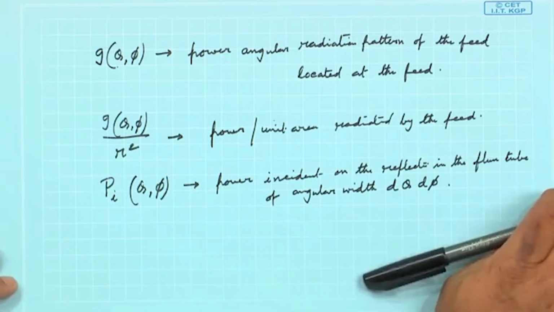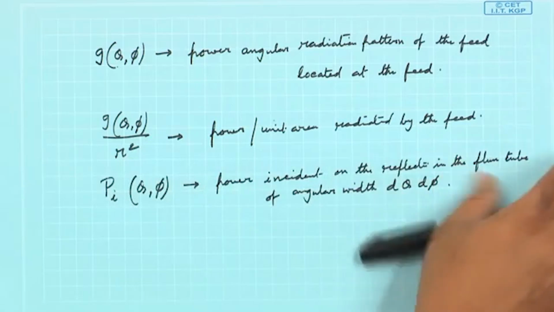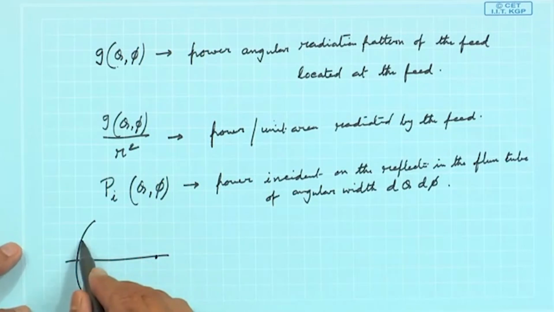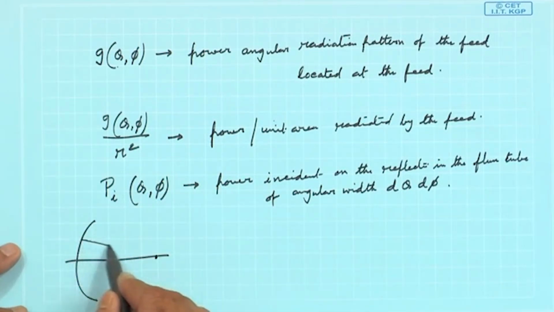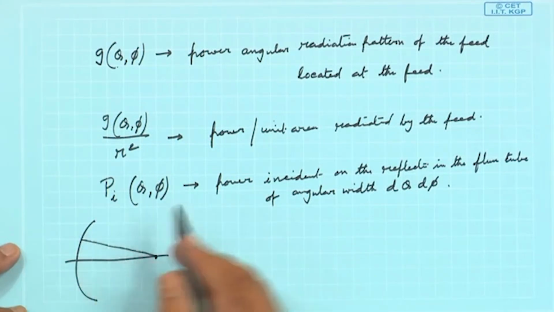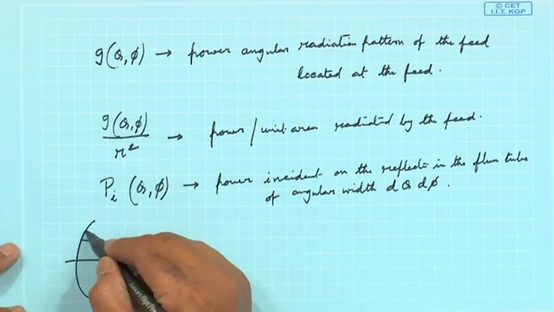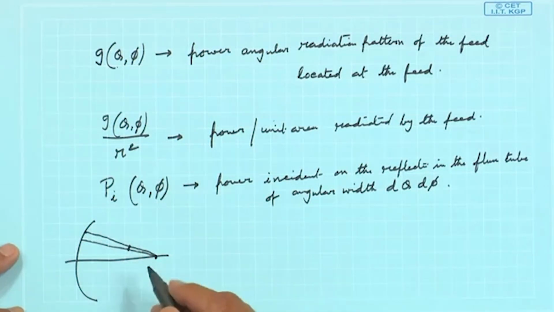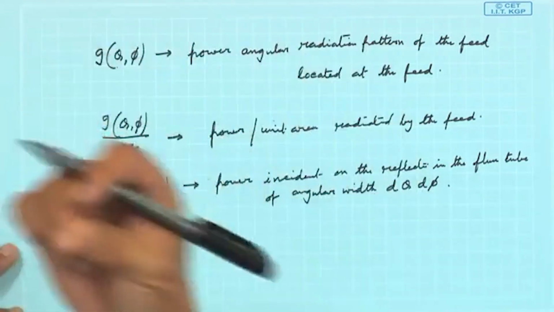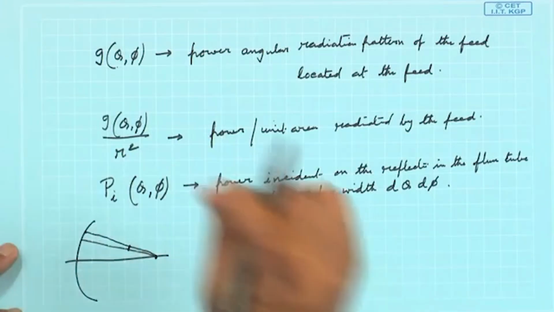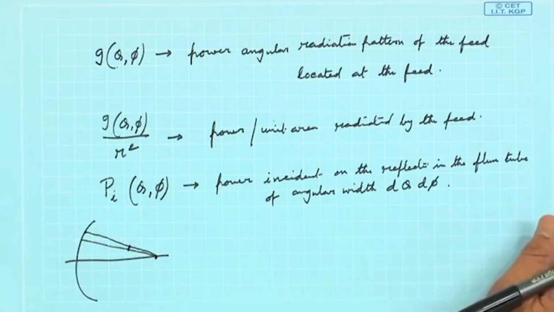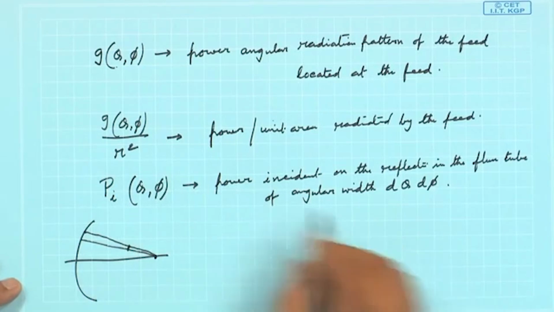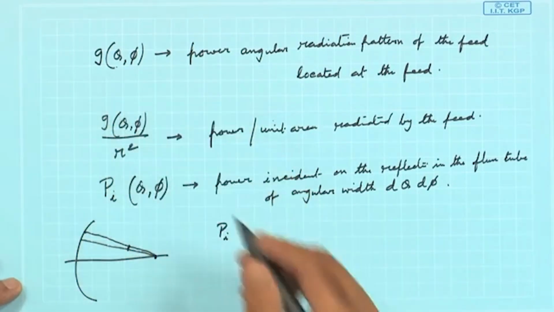You see that I have this. Now, this is d theta, and in the azimuthal plane there will be a d phi. So, in that tube how much power is there? That is called pi theta phi. That I can easily calculate because I know this.